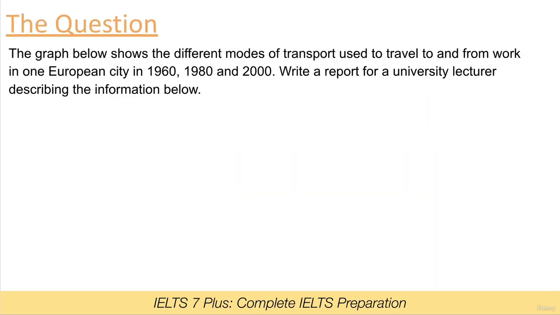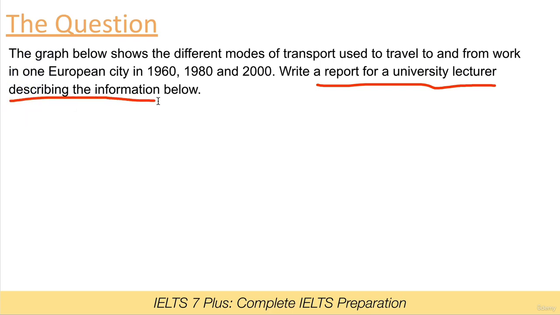Okay, the question. The graph below shows the different modes of transport used to travel to and from work in one European city in 1960, 1980, and 2000. Write a report for a university lecturer describing the information below. Okay, so we've got slightly different phrasing here.